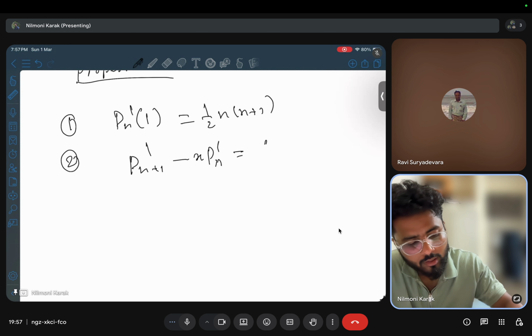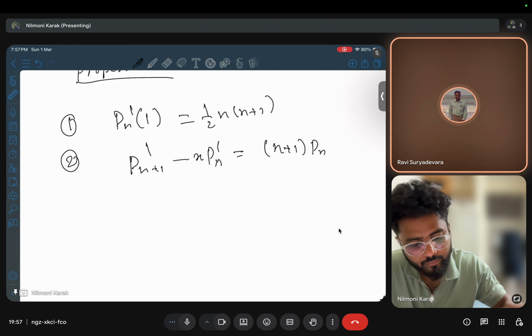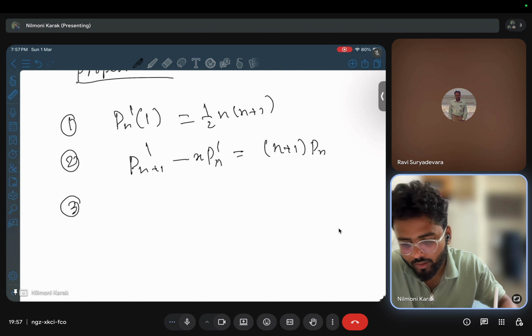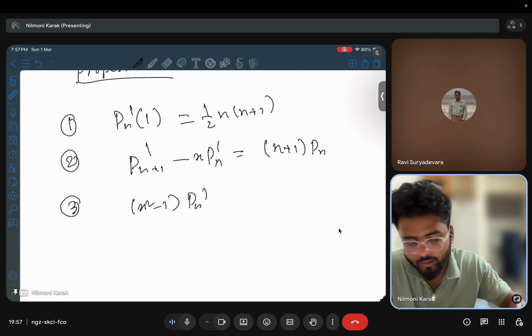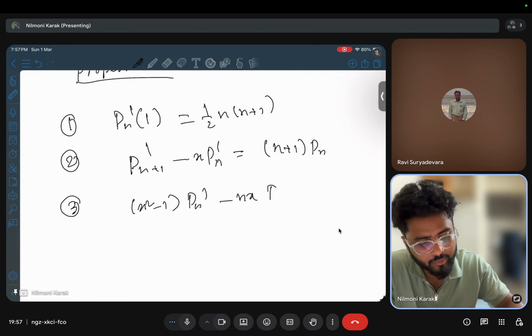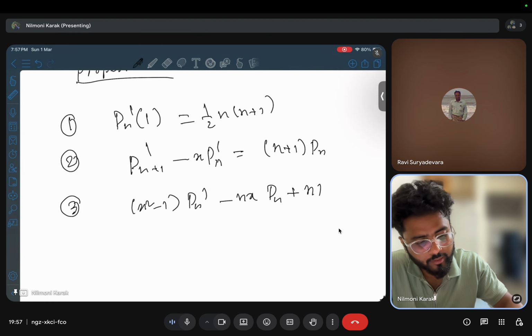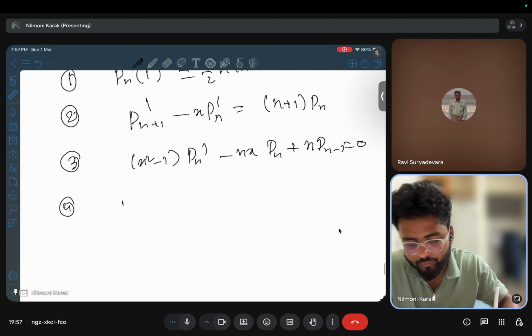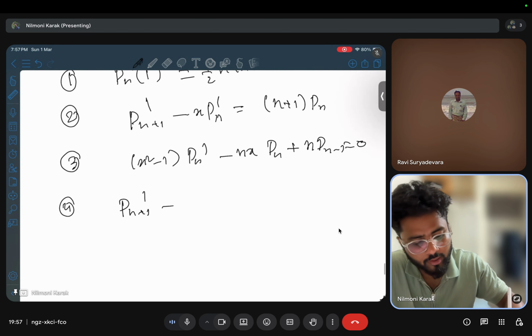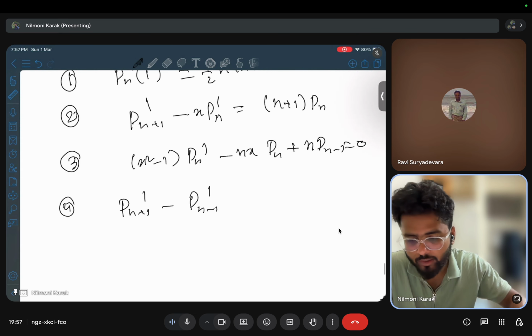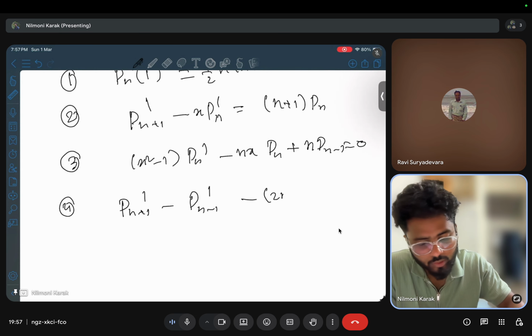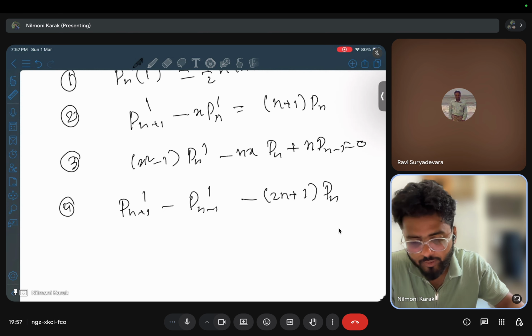And (n plus 1) first derivative: (x squared minus 1) P_n dash minus n x P_n plus n P_{n-1} equals 0. And P_{n+1} dash minus P_{n-1} dash minus (2n plus 1) P_n equals 0.